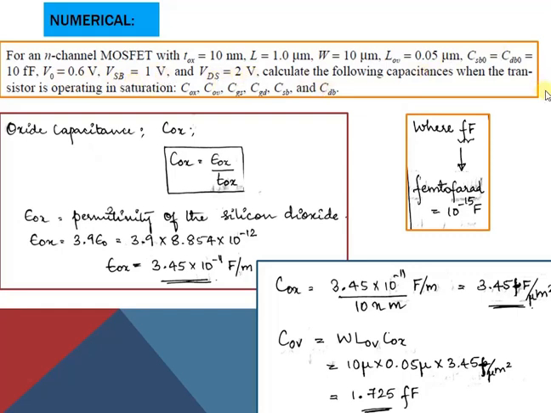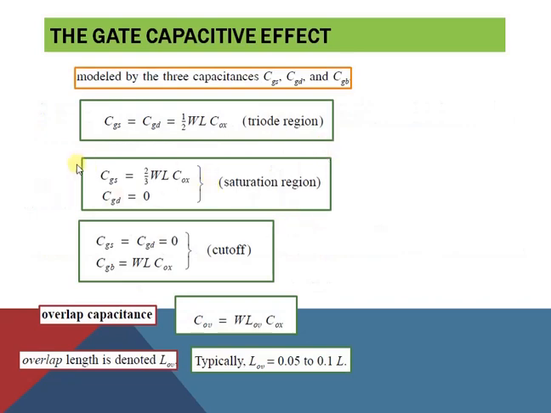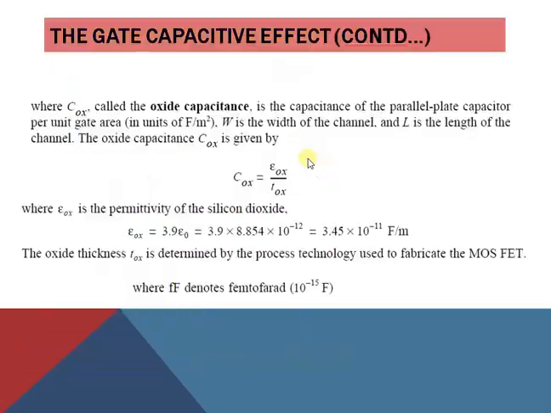We need to compute all the capacitances when the transistor is operating in the saturation region. So when the transistor is operating in the saturation region, from the design that we have seen, we have to use this particular equation for CGS that we want to compute.